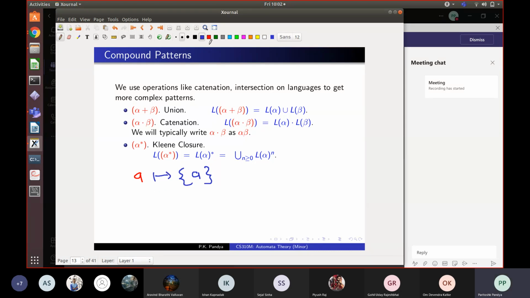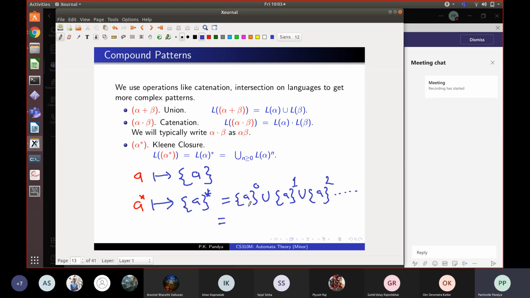Okay. Now when I take A star, what is its meaning? It is the Kleene closure of this language. That is, I have this A and I take the Kleene closure operation over languages defined before. That is the blue star, which is equal to what? This set to the power 0 union this set to the power 1 union this set to the power 2, etc. I take this infinite union, and what do I get here?